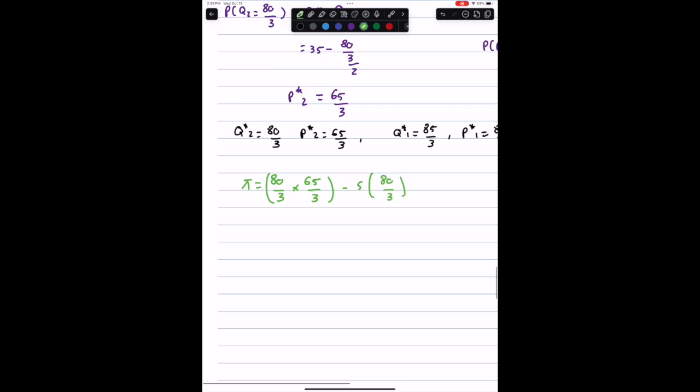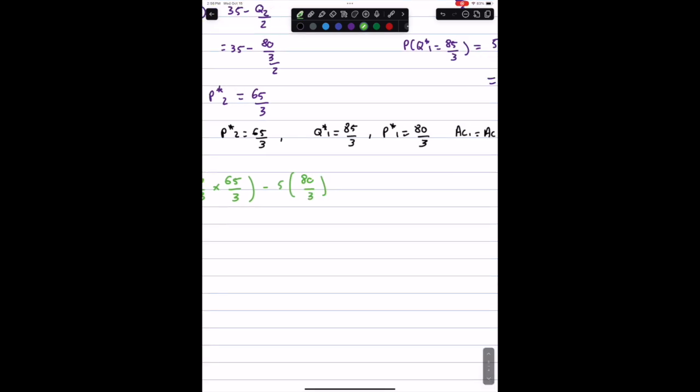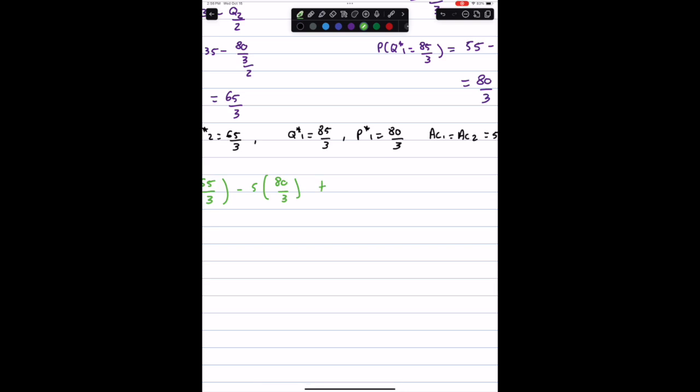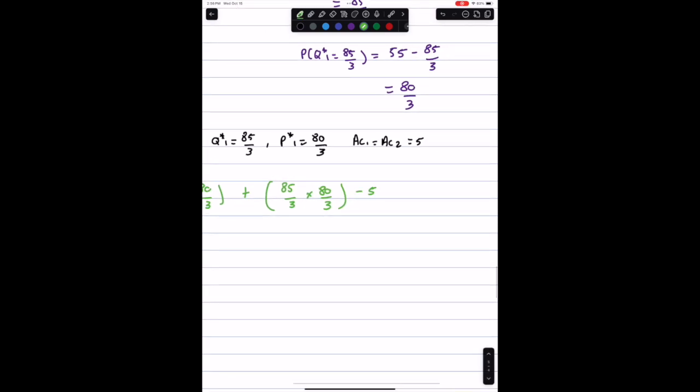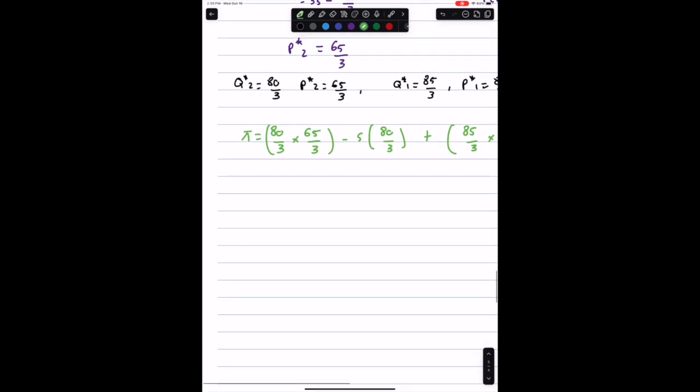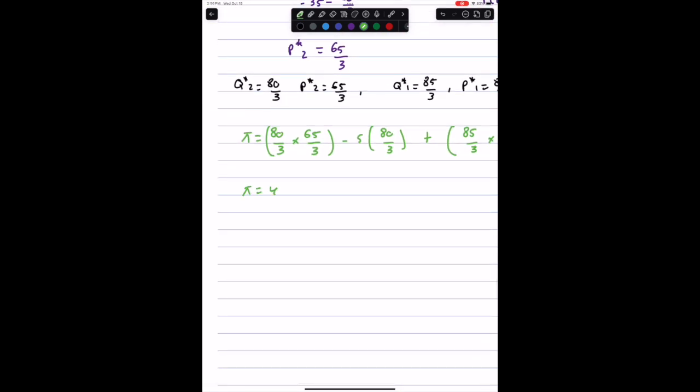We know 5 is our average cost, 80 over 3 is the amount we produce, plus 85 over 3 times 80 over 3 minus 5 times 85 over 3. We know that profit is going to be equal to 4,000 over 9 plus 5525 over 9. Just by putting this into our calculator, we know that profit is going to be equal to 1,058.3, right?